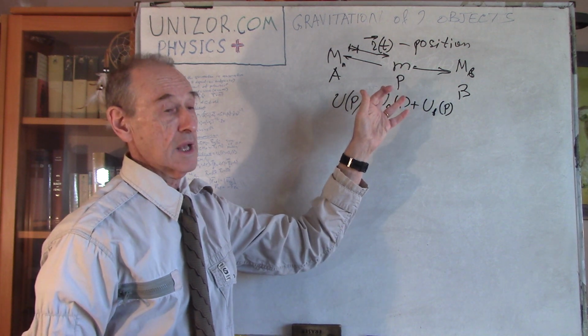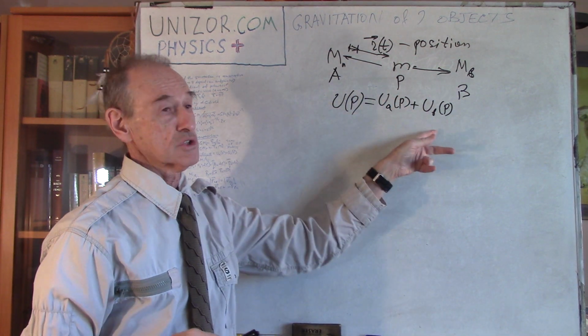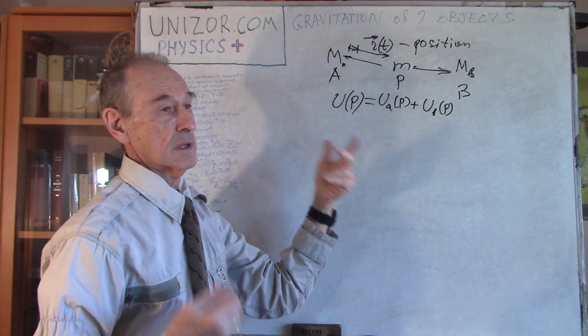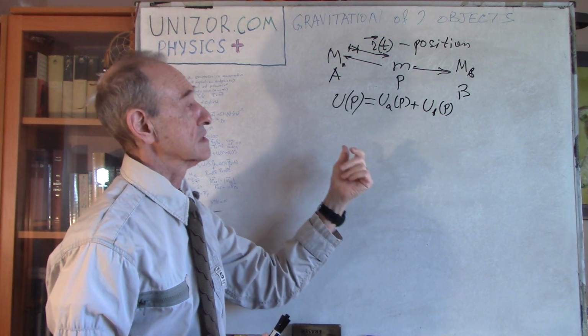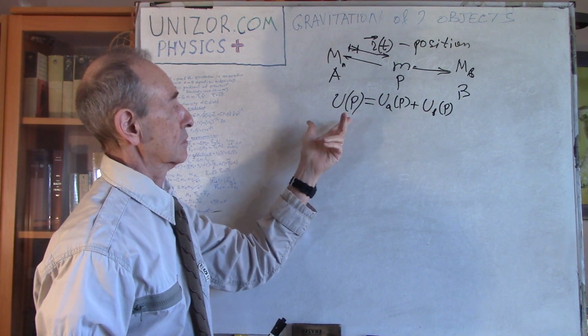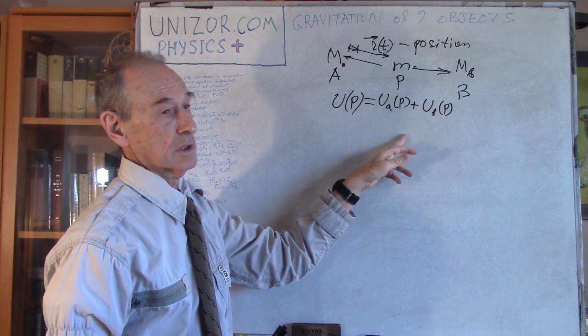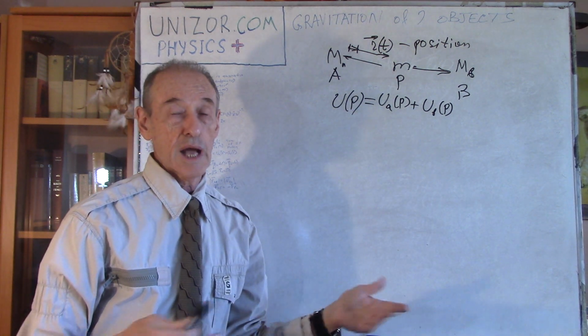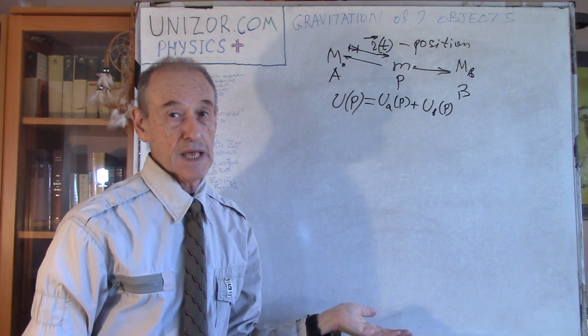So potentials can be summed up exactly like vectors of forces, but it's simpler because potentials are scalars, and the vector of force, the field intensity, is the gradient of this. The gradient is a set of partial derivatives, and the operation of taking a derivative is additive.